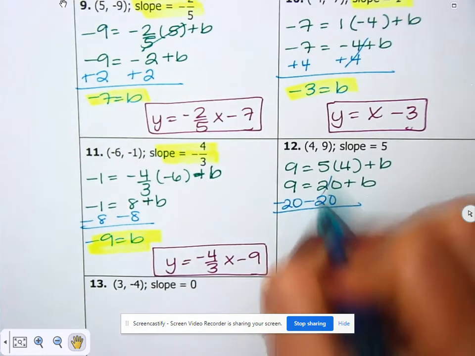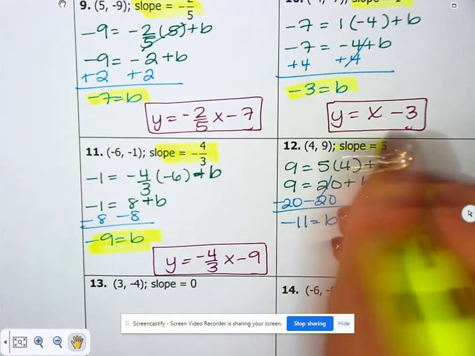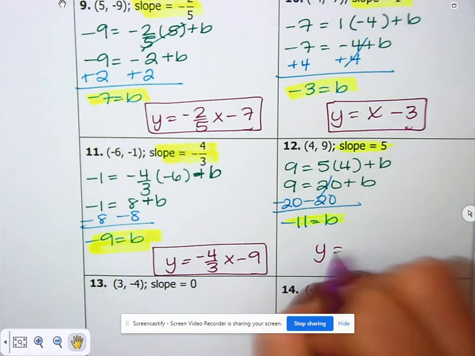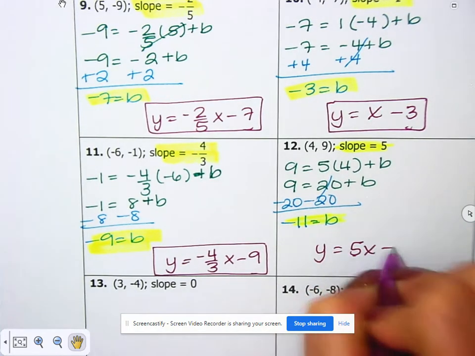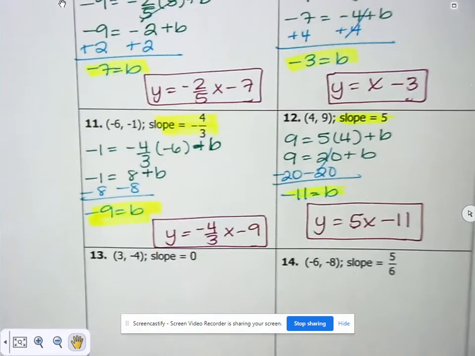Okay, subtract 20. So our b is negative 11. So that gives me the equation y equals 5x minus 11.